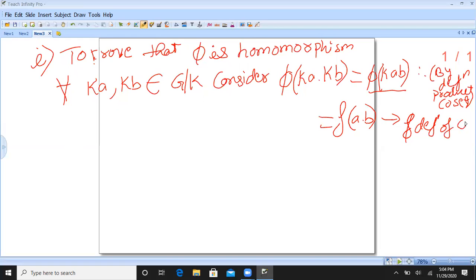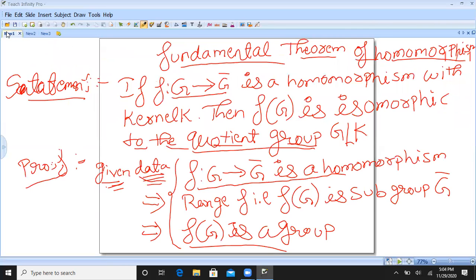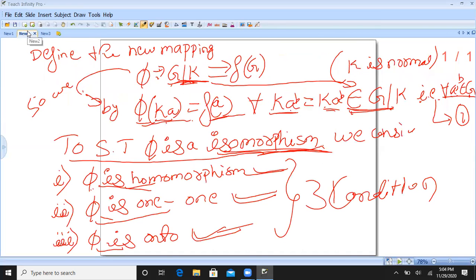In equation number 1, on page number 2, we proved phi of ka is equal to f of a.